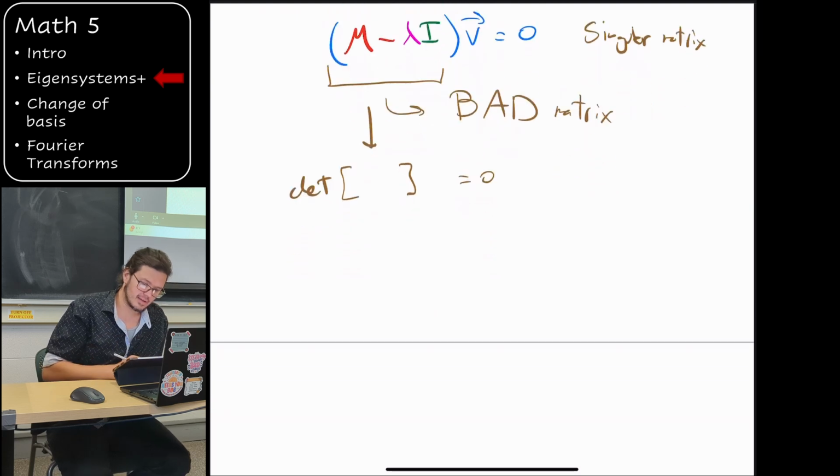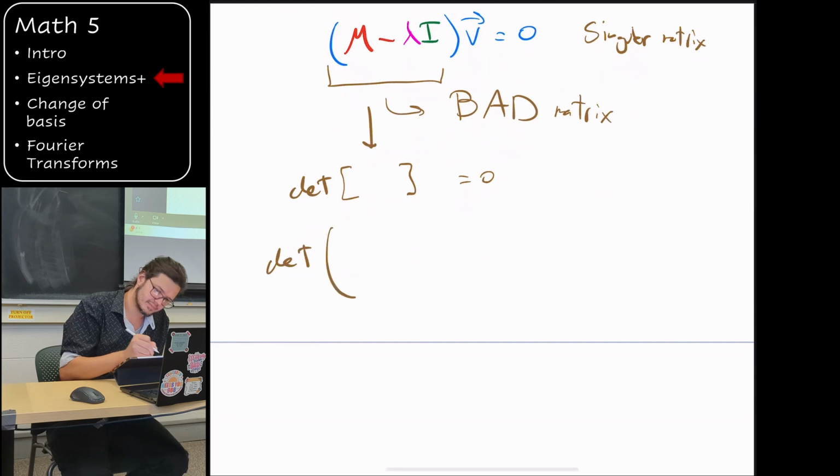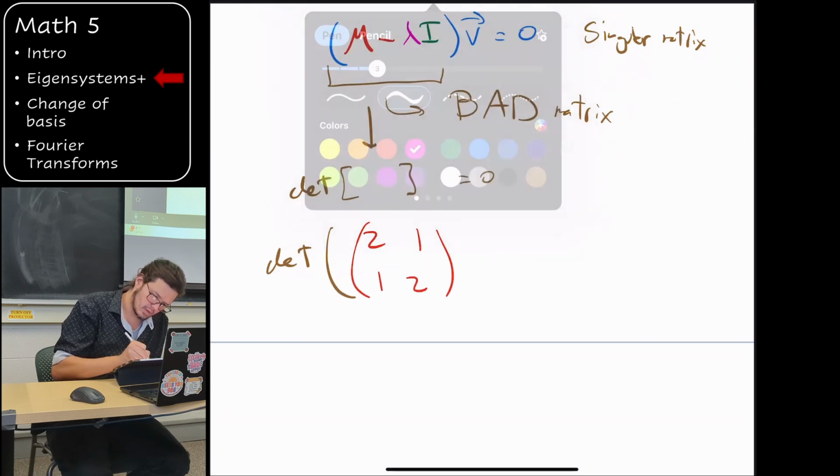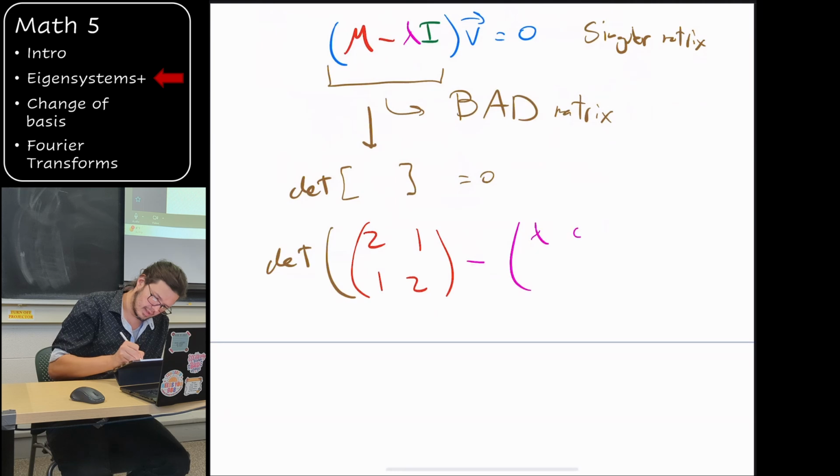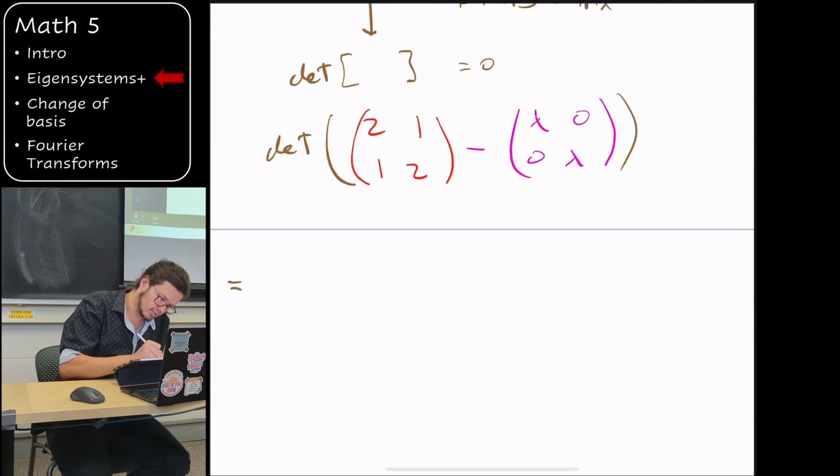For the 2 by 2 case, the determinant of this matrix is going to be the determinant of 2, 1, 1, 2 minus lambda, 0, 0, lambda. And this is equal to the determinant of the full matrix 2 minus lambda, 1, 1, 2 minus lambda.